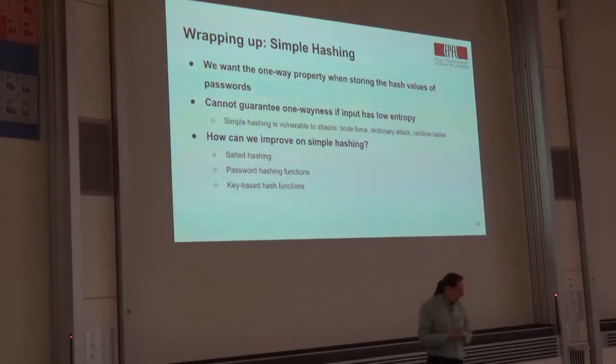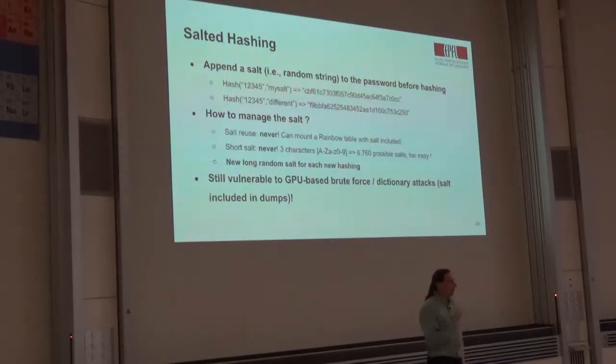So in general, simple hashing is, for all these many reasons, completely inadequate these days for protecting passwords or any low entropy source of information. And so now let's look at some of the less completely broken approaches, such as adding salt, using different types of password hashing functions, and using key-based functions.